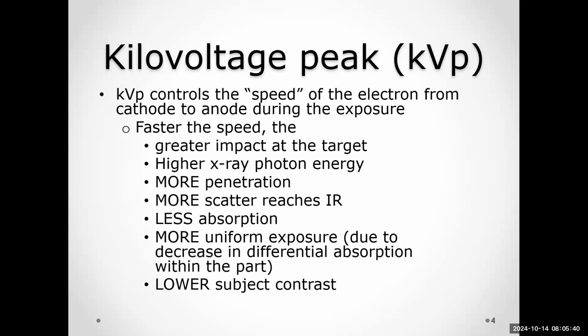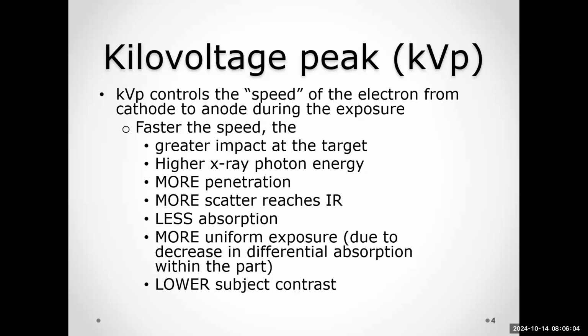Scatter, we don't like when scatter reaches the IR because it degrades the quality of the image. It also means that there's going to be less absorption. So if there's a better chance that they're going to make it through, that means there's got to be a lesser chance for those photons to be absorbed in the patient's body, which means we get a more uniform exposure due to the decrease in differential absorption within the part.